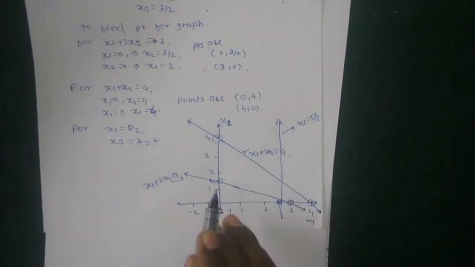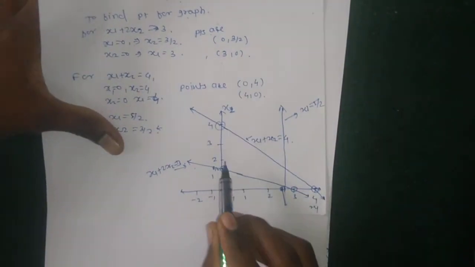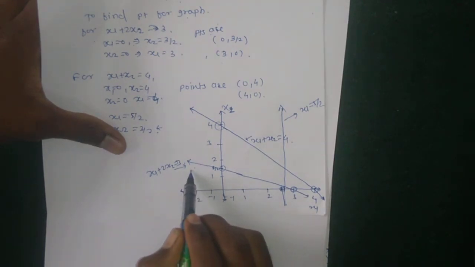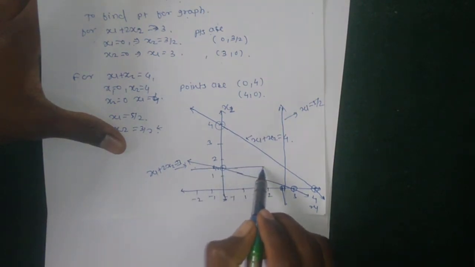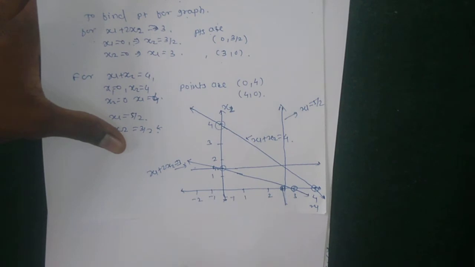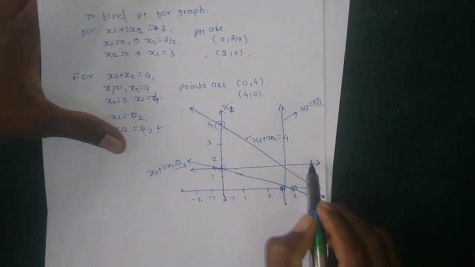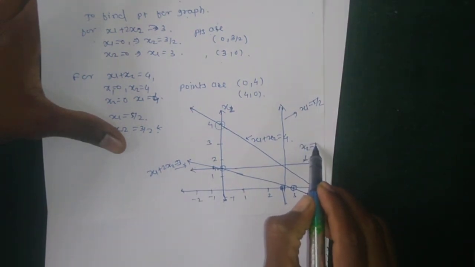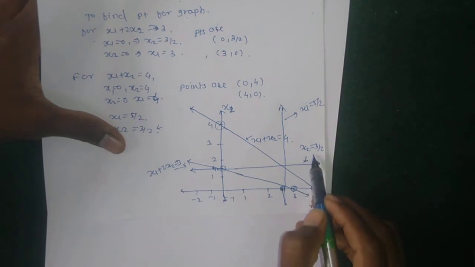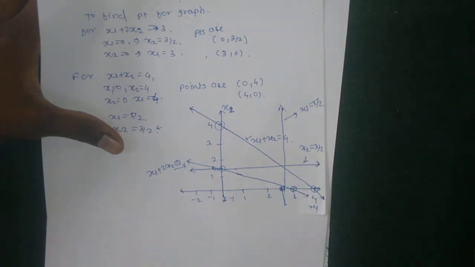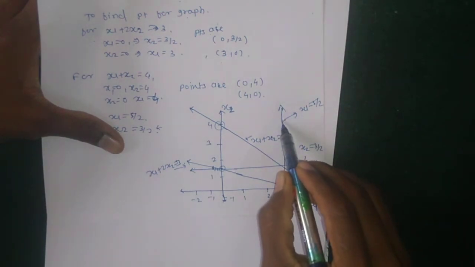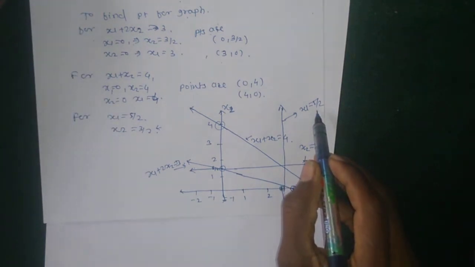And next, x2 is equal to 3 by 2; this line is x2 is equal to 3 by 2.